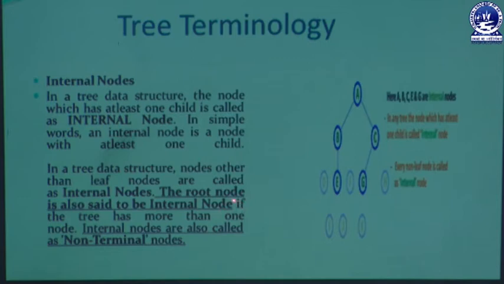If a tree has more than one node, then we can have internal nodes. Internal nodes are also called non-terminal nodes. So in a tree, the first node is the root node, the node having no child is the terminal node, and the node having at least one child is called a non-terminal node.